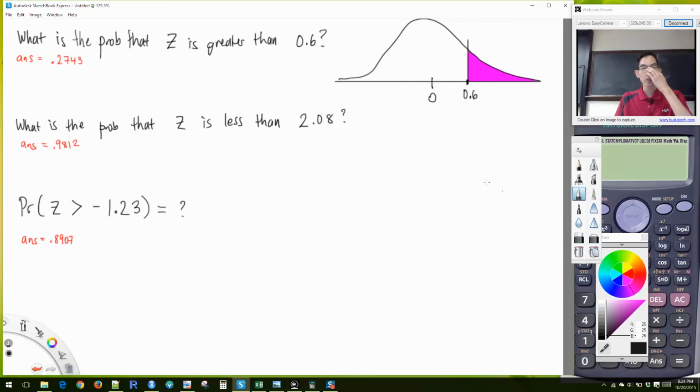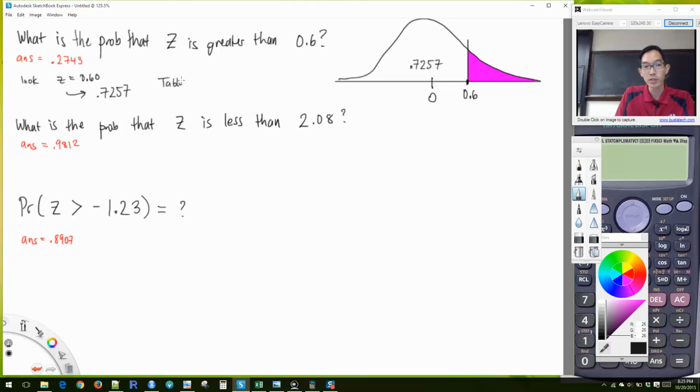Okay. So we look up z equal to 0.60 in the table, and we find 0.7257. Okay? So let's think for a second, right? So 0.7257, is that more or less than a half? More than a half, right? And so 0.7257, the area in the table always gives us the area to the left, okay?